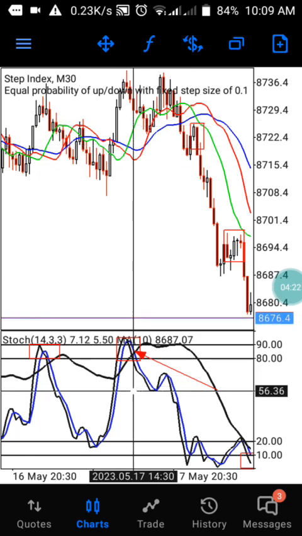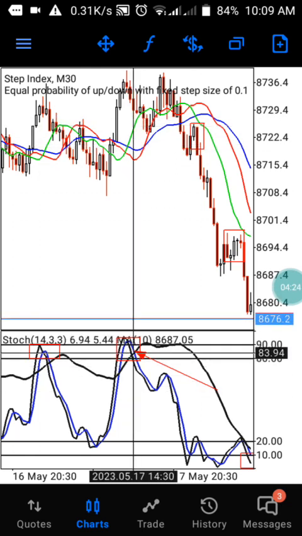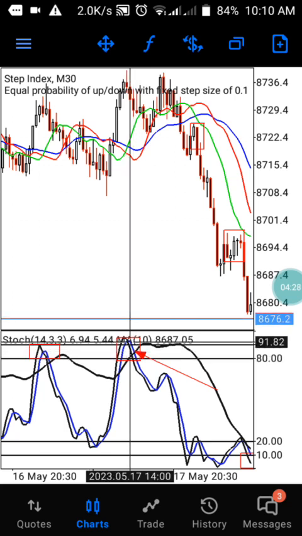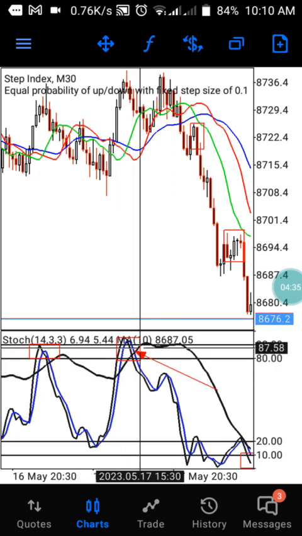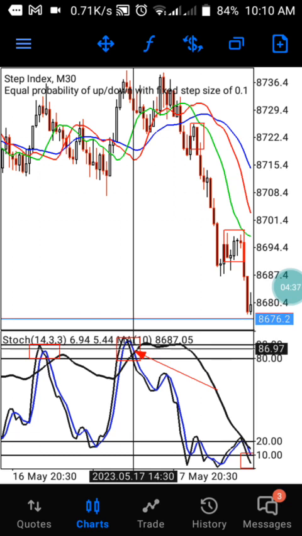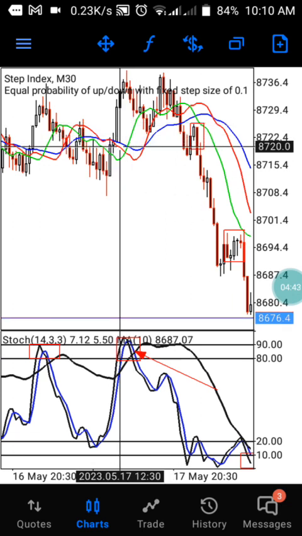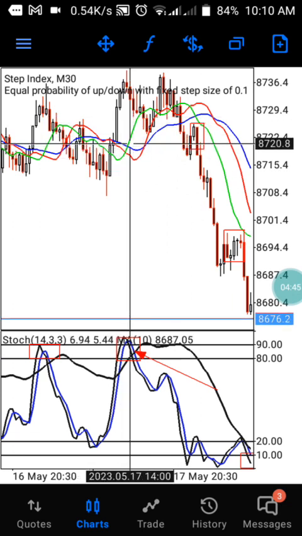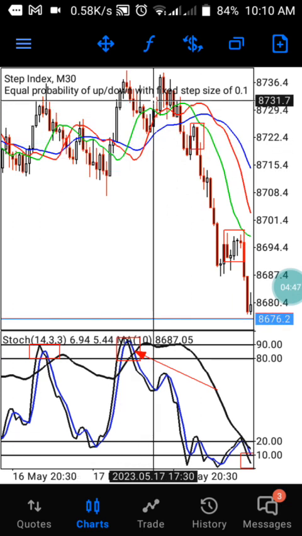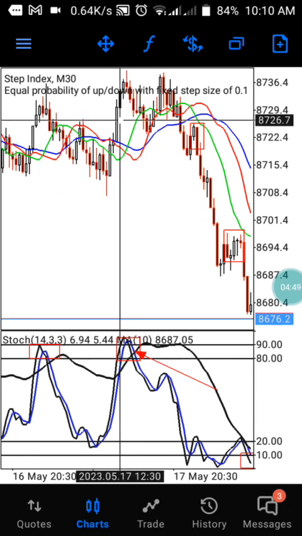Now, our oscillator has given us a confirmation that this market has been in an uptrend for some time and is going to give us a downtrend now. Also our moving average has reached that same level, which is our confirmation, and it's giving us a downtrend. But if we check our main window, we can see that the alligator is still giving us a green as an uptrend, so we have to be very patient at this particular moment.